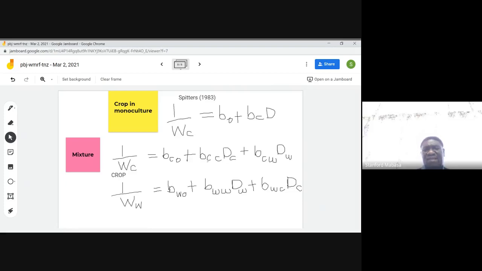Now, what is important with these equations? Let me use a different color, like this one, or blue. I want to underline BCC. And BCW.